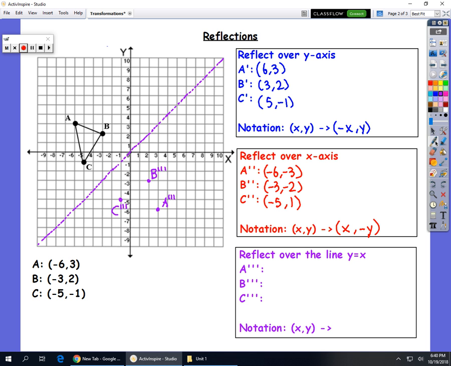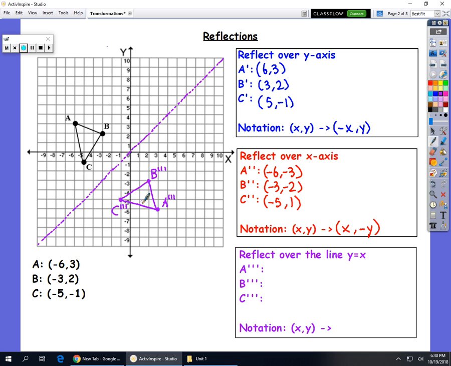All right, connect the triangle, make it look nice. Well, if you're looking at it just vertically right now, it doesn't quite look right, but if you tilt your head so that the line y equals x looks vertical, it does appear more like a reflection. So let's mark the points and then think about the coordinate notation.